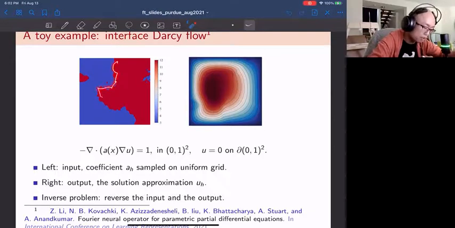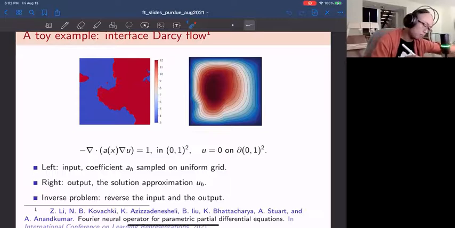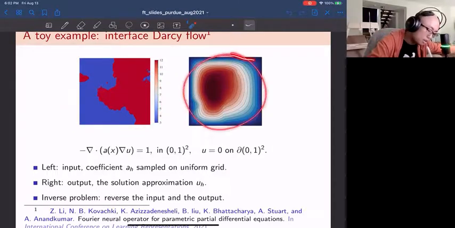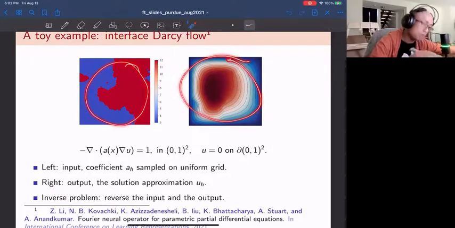So it forms this kind of random interface, and this is the solution to a Darcy flow problem with a fixed forcing. The forward problem uses this as input and this as output, and the inverse problem is the other way around.